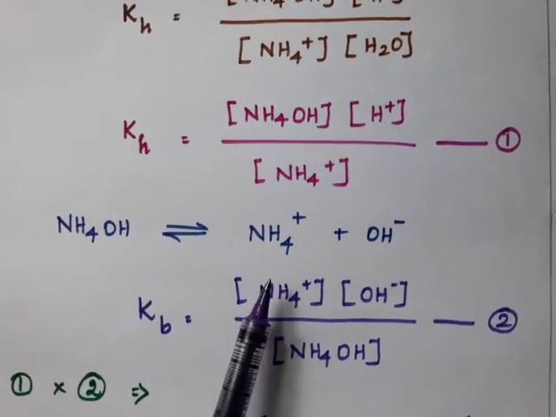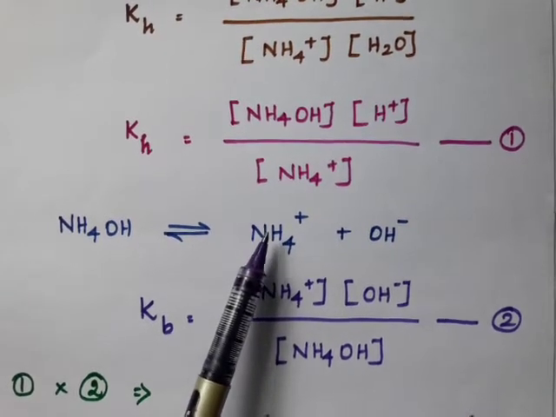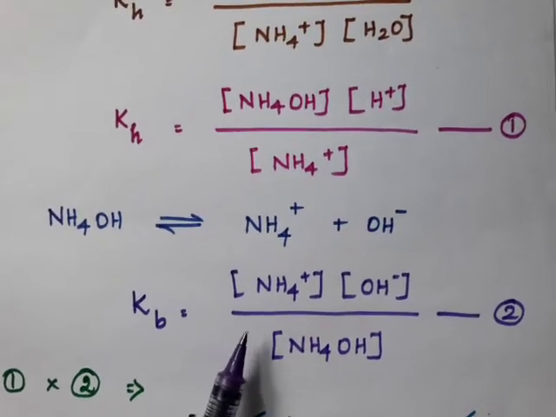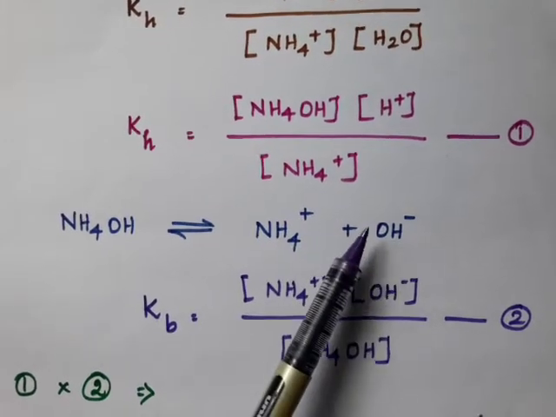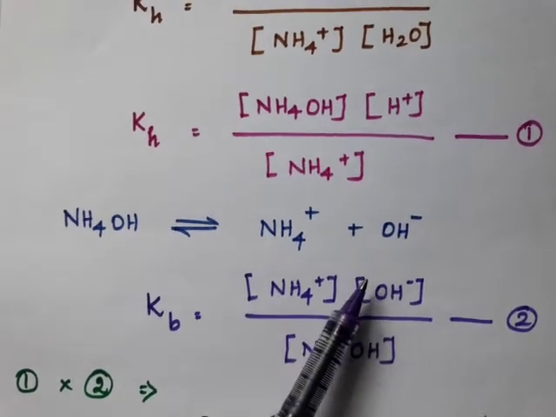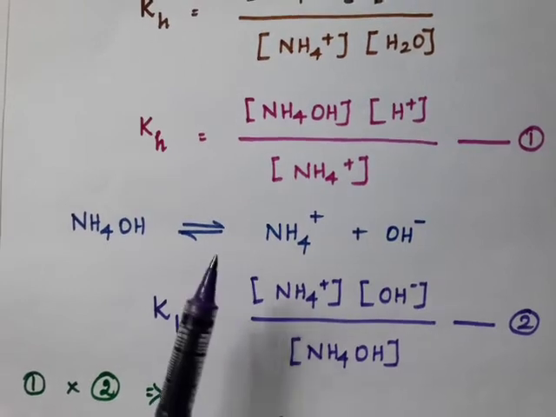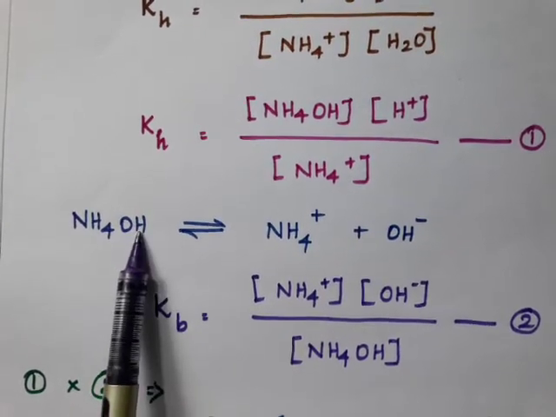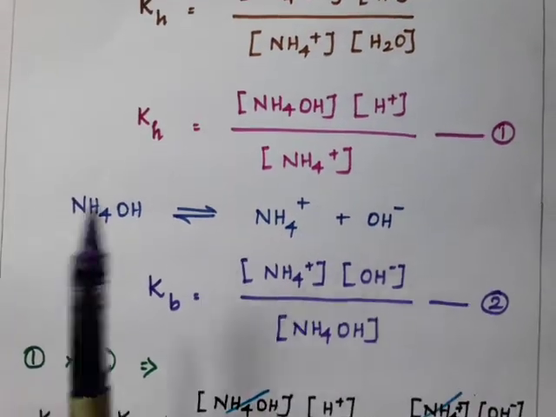Again it is products by reactants: the concentration of the products by the concentration of the reactant. What are the products? NH4 plus and OH minus. So the concentration of NH4 plus times the concentration of OH minus divided by the concentration of NH4OH. Let me take this as equation number 2.